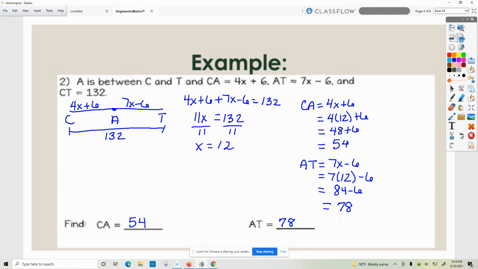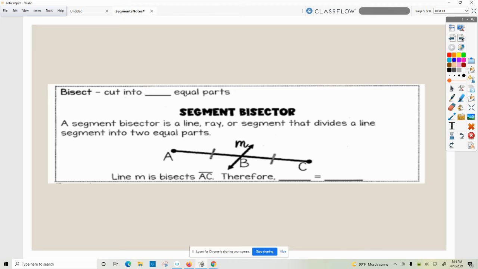of different segments. Then I have what they call a segment bisector. One thing you need to always remember, bisect means to cut into two equal parts. So if I see something being a bisector, bisected, it all means I hit at the middle.